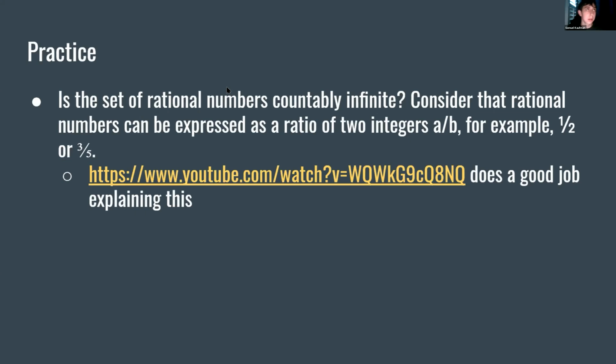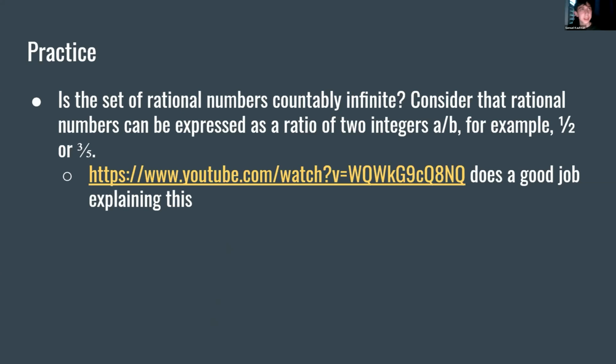So if it is countably infinite, you're going to have to use the listing method. Figure out if there's a way to list the rational numbers in some order so that you'll list every single rational number. So I think I have like 3 no's and 2 yeses.